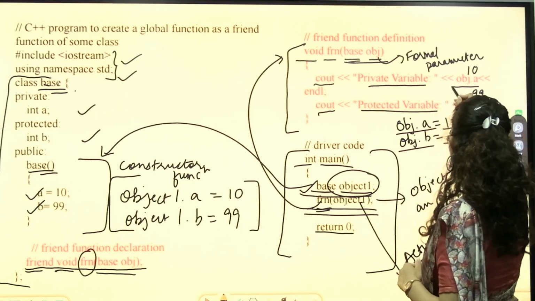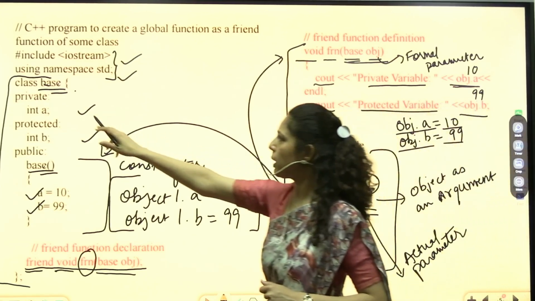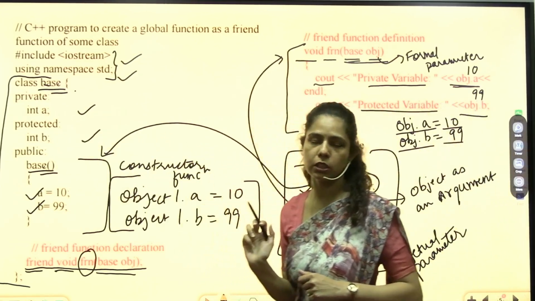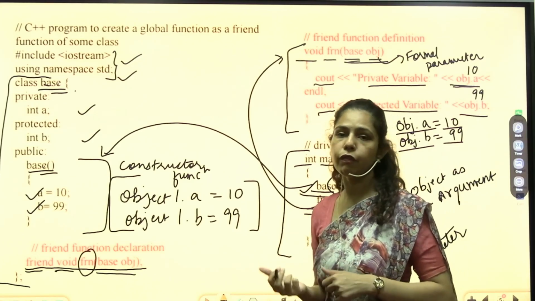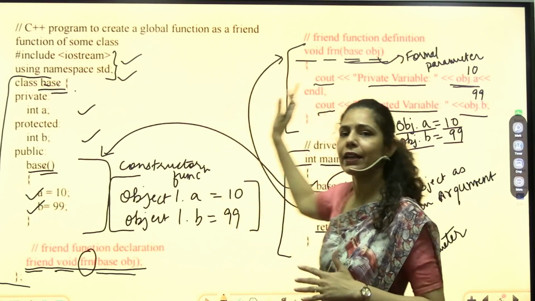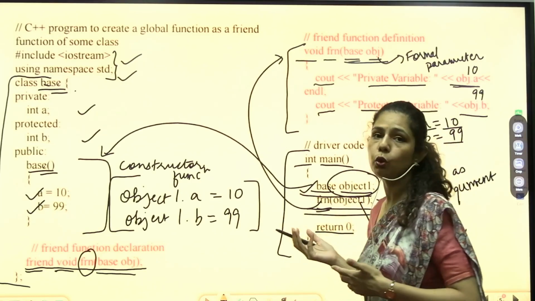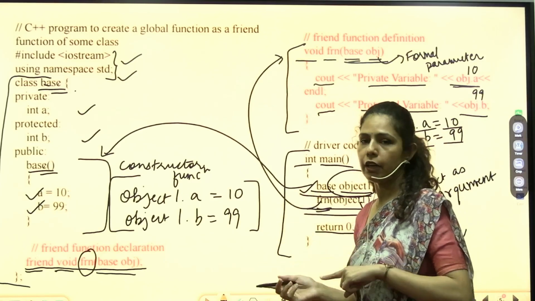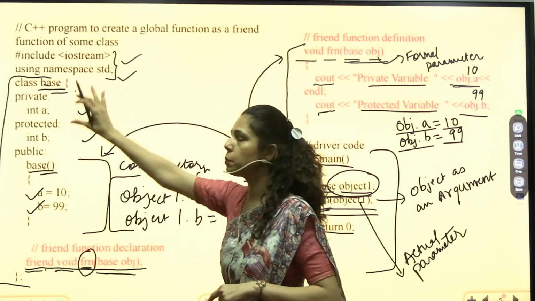Now, how are we able to access a and b, because a and b are private and protected members? In normal circumstances, if there was no friend function, we won't be able to access these private and protected members. So how are we able to do that? With the help of the friend function, because we have made this function frn the friend of this particular class.